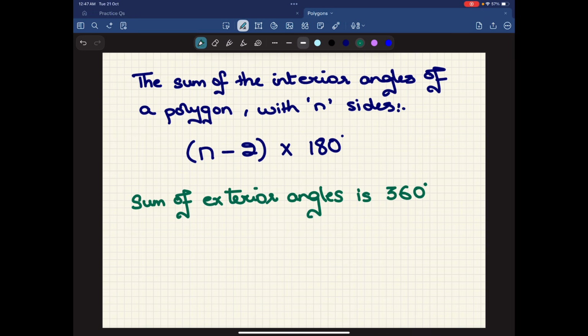Okay, so the sum of exterior angles of all polygons is 360 degrees. So the sum of interior angles is dependent on the value of n, while the sum of the exterior angles is 360 degrees always.